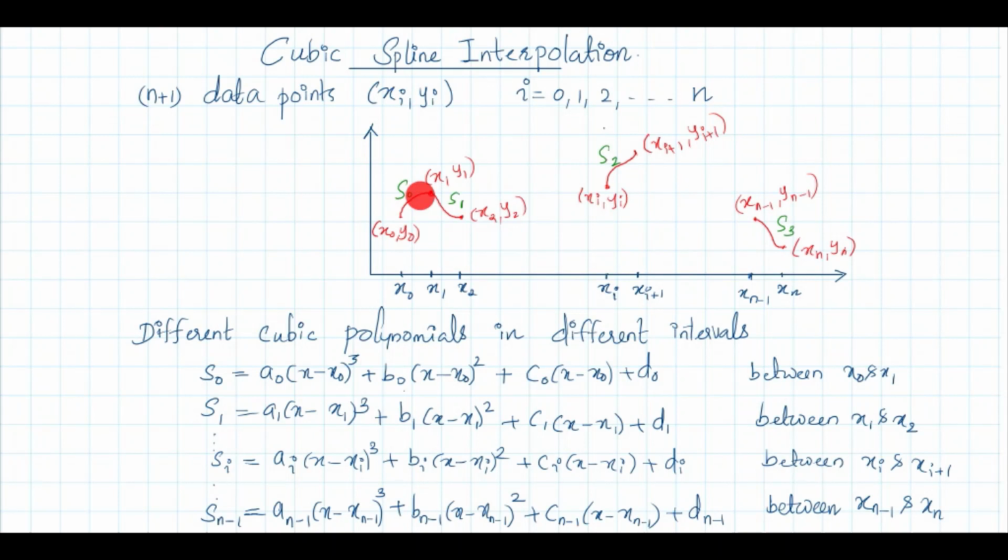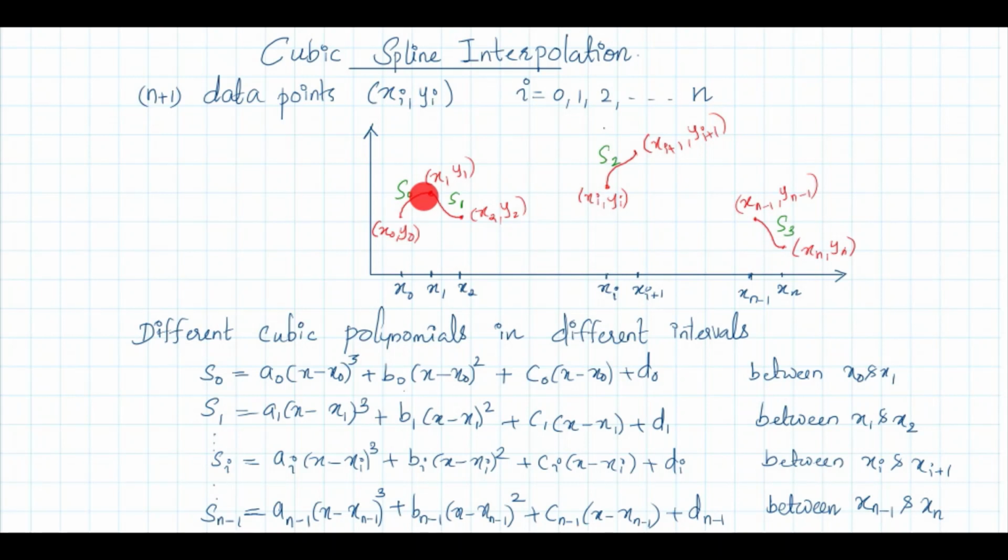But here what we are going to do is we will fit a cubic polynomial between each pair of points, that is from x0, y0 to x1, y1 we will fit a cubic polynomial. From x1, y1 to x2, y2 we will fit another cubic polynomial. From x2, y2 to x3, y3 we will fit another cubic polynomial.